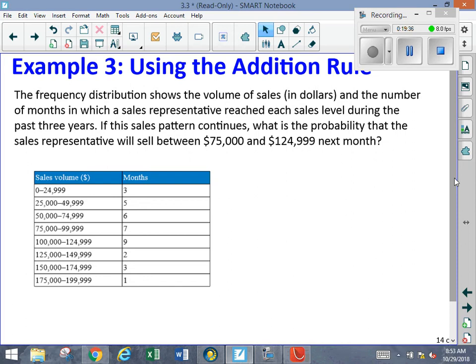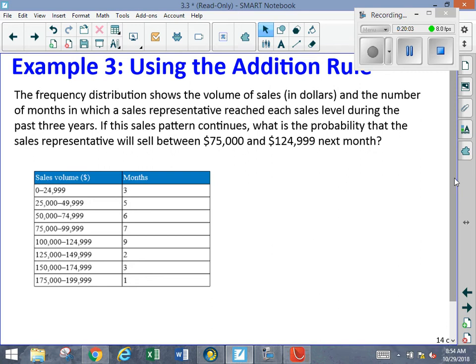Let's find the probability that the sales representative will sell between $75,000 and $125,000, not including $125,000.